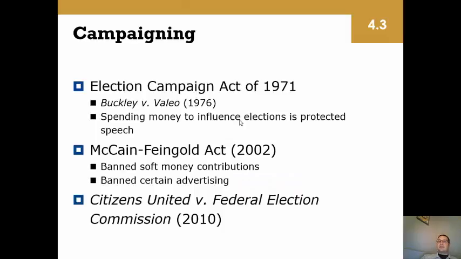Campaign contributions as speech. In Buckley v. Valeo, spending money to influence elections is protected speech, right? Then we had the McCain-Feingold Act, which regulated how campaigns received money. However, a huge case after that in 2010 was Citizens United, which basically overruled McCain-Feingold and said you can't have those kinds of restrictions on political campaign contributions.